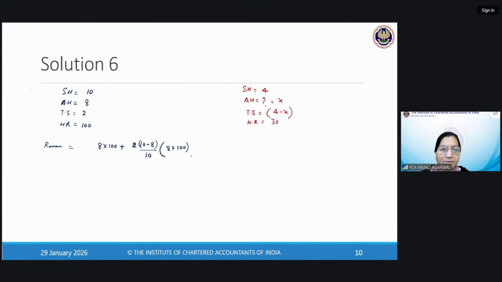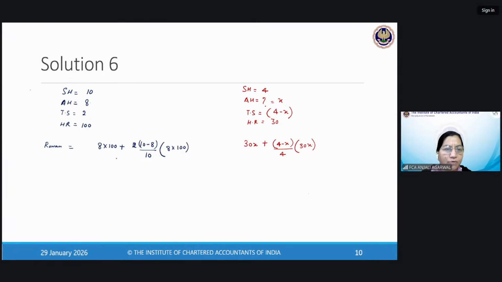Applying this here, his total wages will be X into 30, or 30X, plus time saved, which this time is 4 minus X, divided by standard hours 4, multiplied by 30X. These are his total wages.